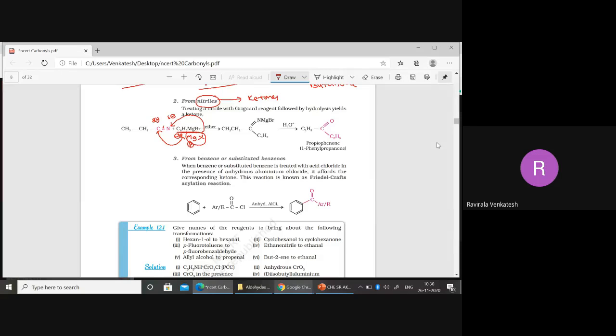Now what are we going to get? CH3, CH2, C, with the phenyl group on this carbon and the magnesium group on this nitrogen. After this, we add water, a hydrolysis reaction. How do we make the hydrolysis reaction?